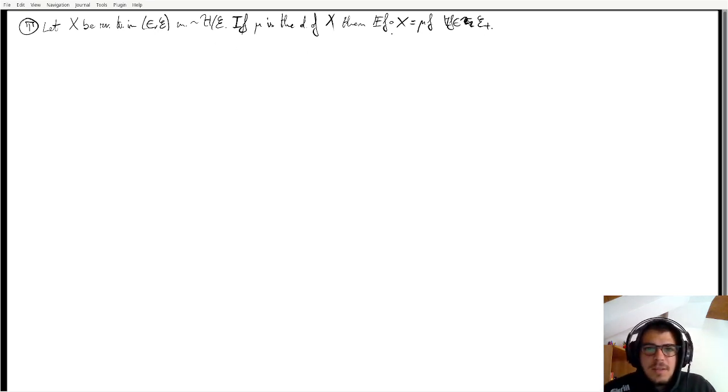So the expectation of a function of a random variable is the integral of the function with the distribution of that variable.